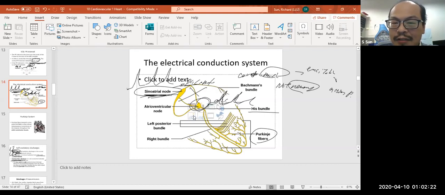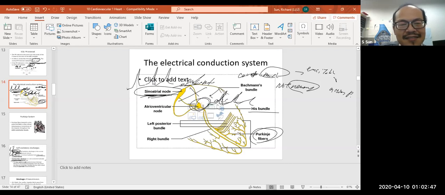It will still be able to travel to the ventricle and conduct the heart contraction. So if this region is affected, the AV node will take over. If the AV node is affected, the Purkinje fibers will take over. The heart can still contract, but just at a slower rate.